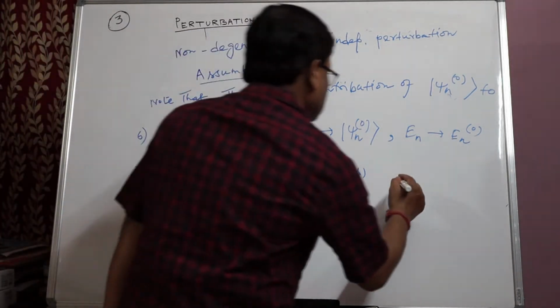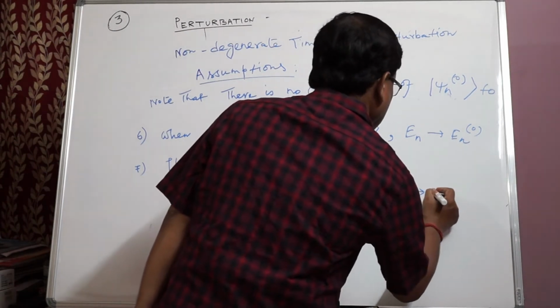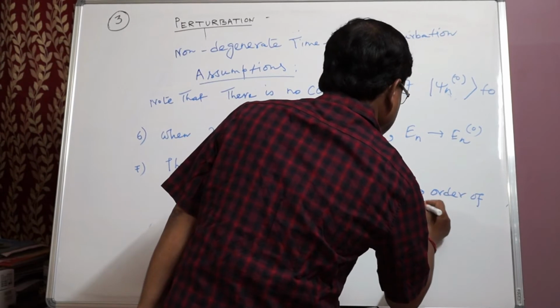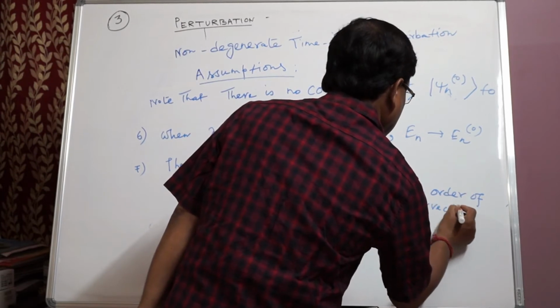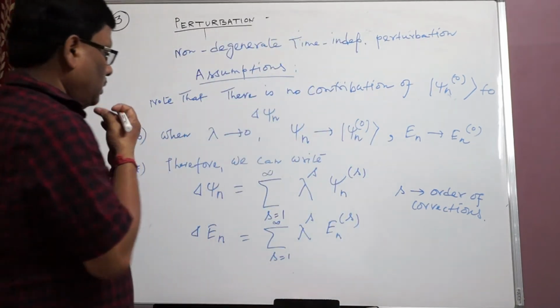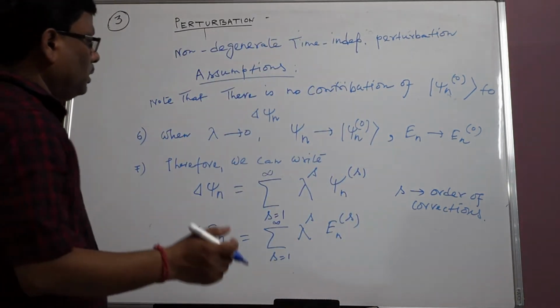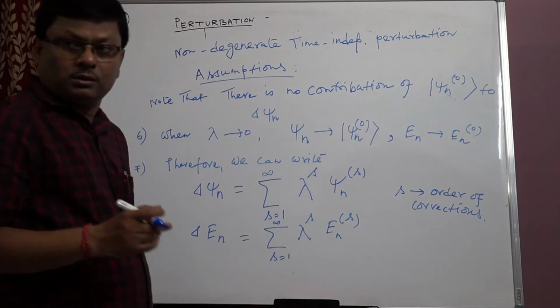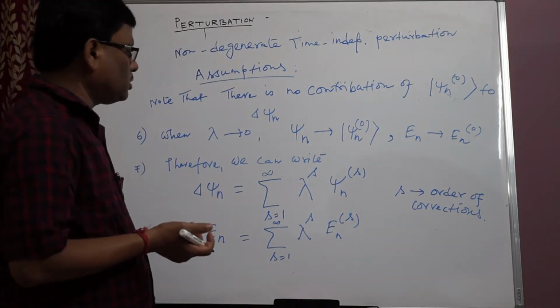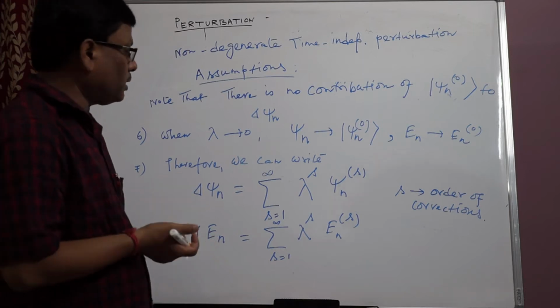Here S is the order of perturbation, the order of corrections. If S equals 1, this is the first order correction. If S equals 2, then this is the second order correction.